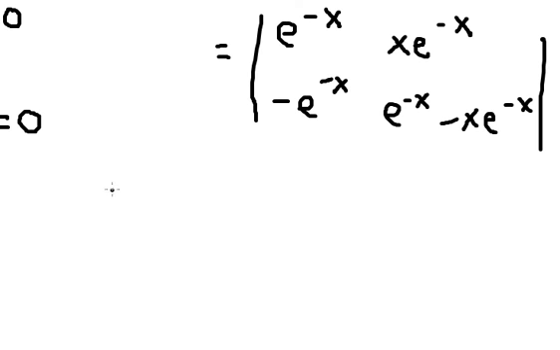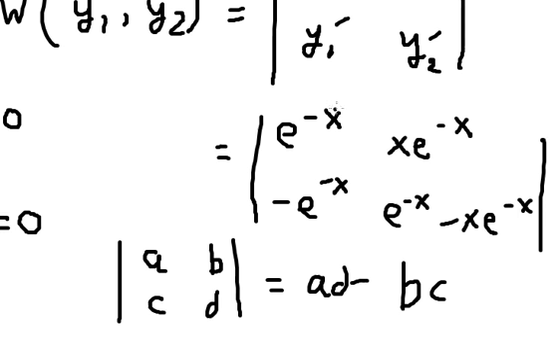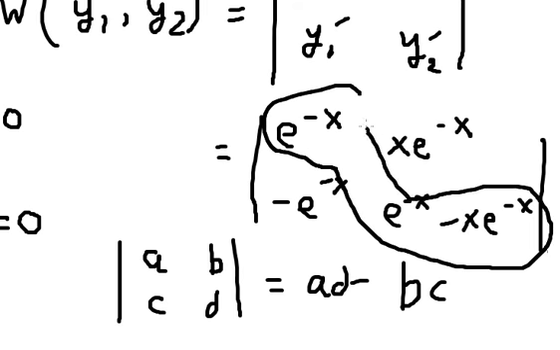Now we want to find the determinant of the matrix. So I will put A, B, C, D. So that should be A multiplied by D minus B multiplied by C. So this one multiplied by this one.